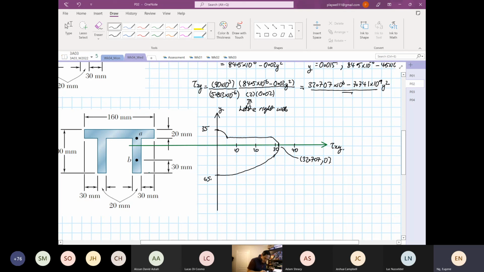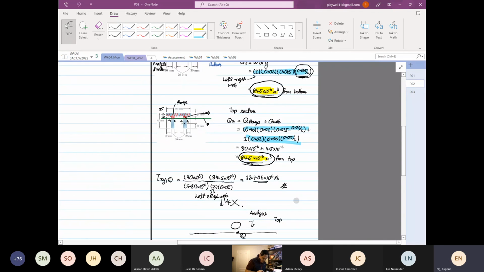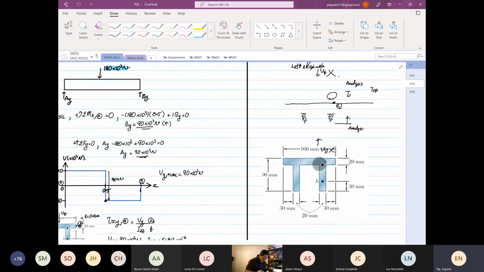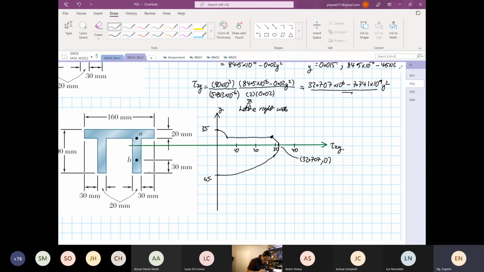Then you have to calculate what this point is. We calculated over here. That point over there is 30.965, and this is at 0.015.